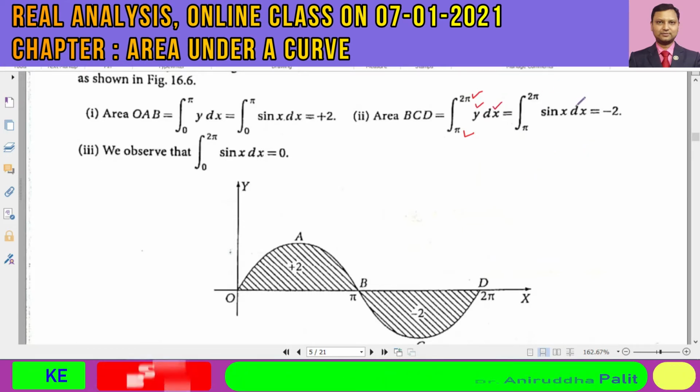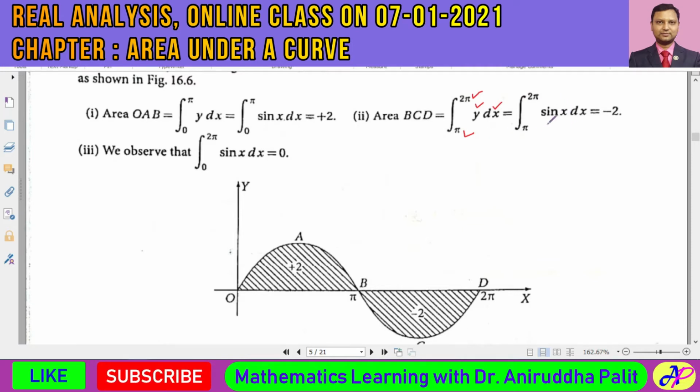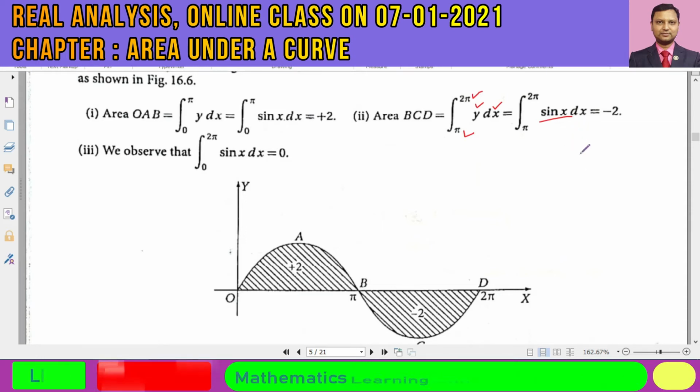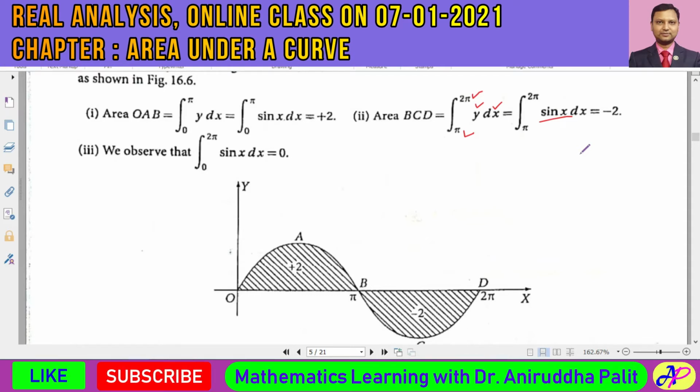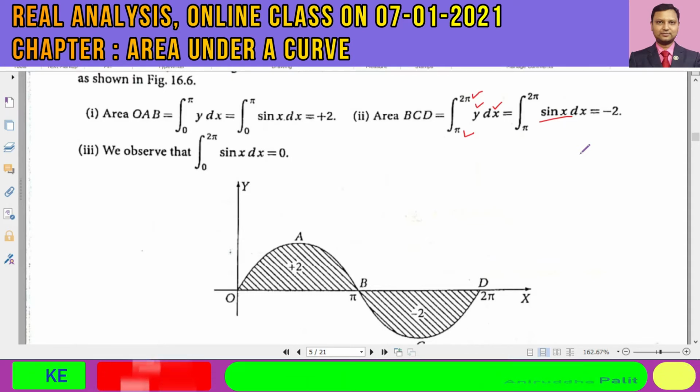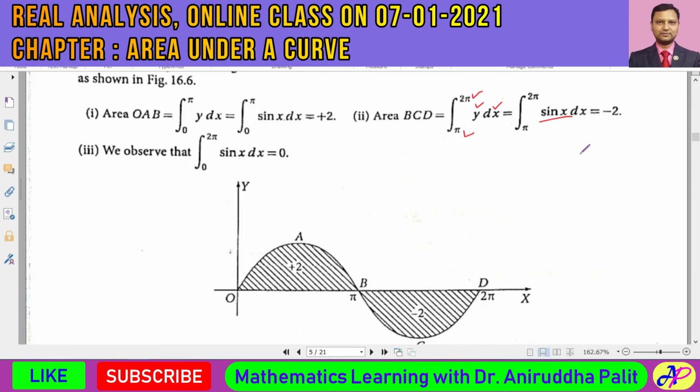And over here, if you compute this expression and just put the expression of sine of x, you see this function sine of x, when x is greater than pi and less than twice pi, sine of x is a negative quantity.